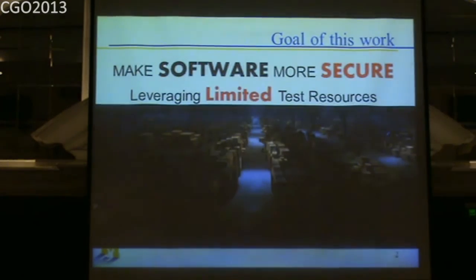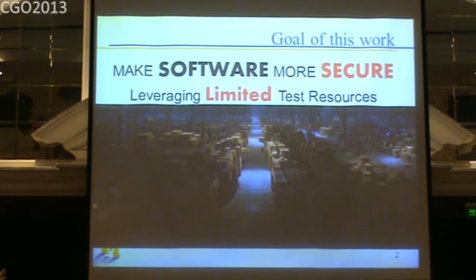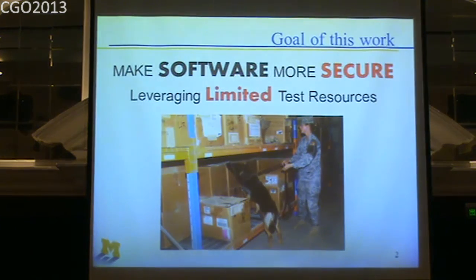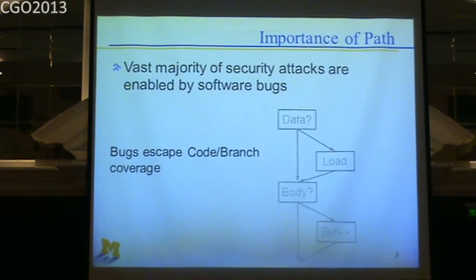And this will be accomplished by taking an enormous problem domain and pinpointing the code paths which harbor the bugs which are most likely to be exploited. Now, we're going to see that this is going to be a challenging task, and one important component of this task is the ability to transition to path testing.